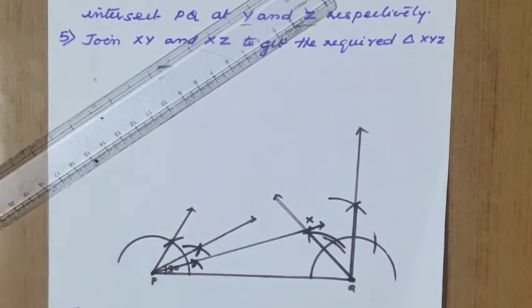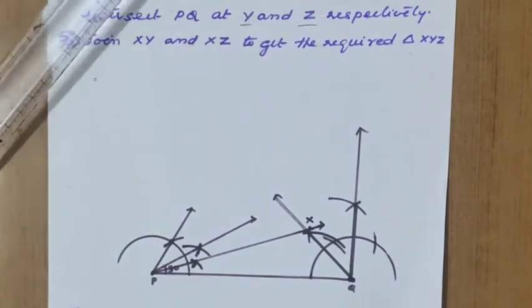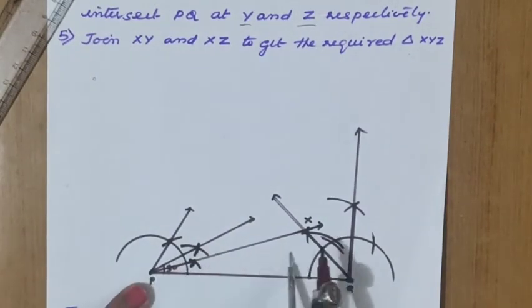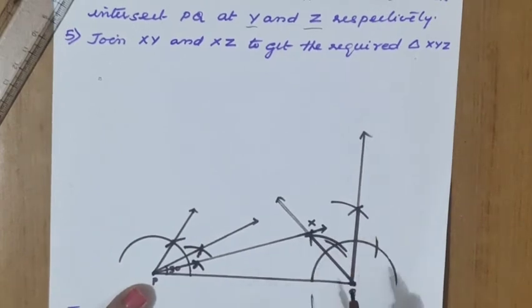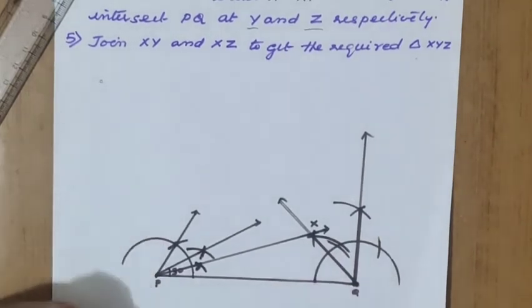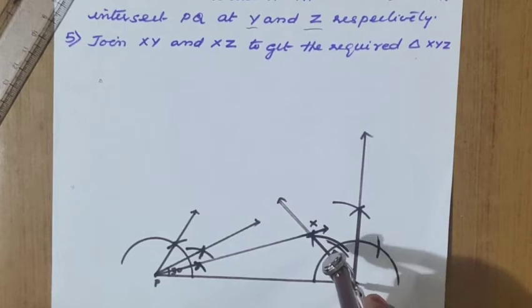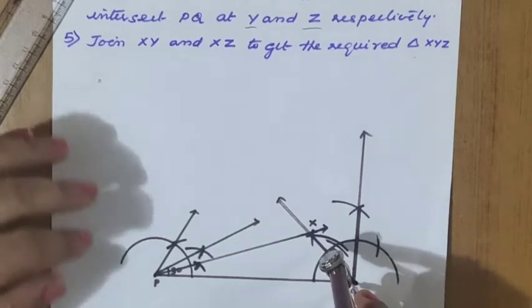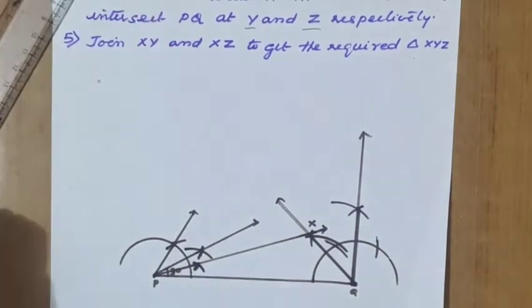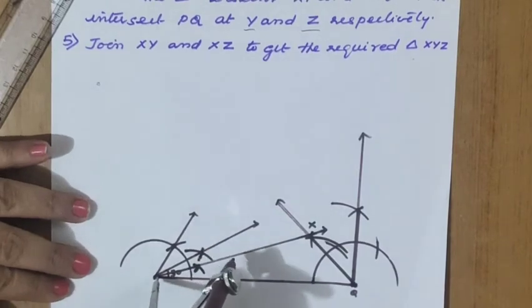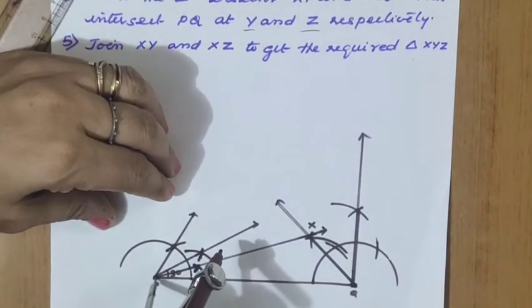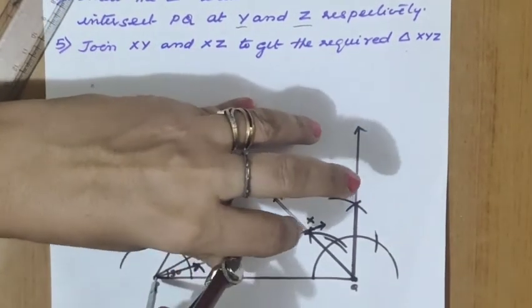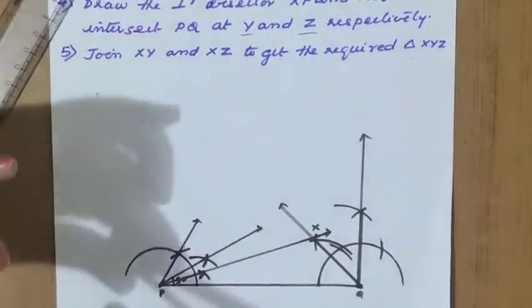Once we got the X point, now with the PX and QX, so we have to draw the perpendicular bisectors, not angle bisectors. Now we have to go for the perpendicular bisectors. First I will go for this side. So this line is there, so more than half to be taken because it's a perpendicular bisector. Little more radius I should take.